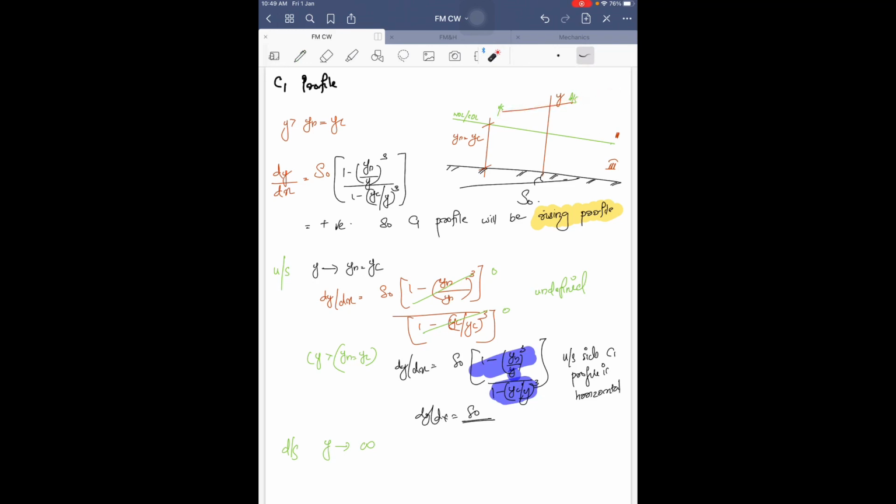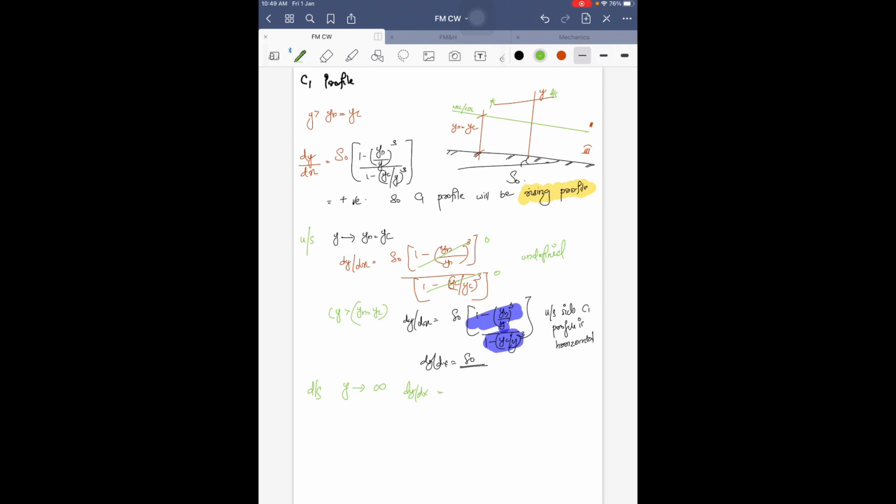So we can write dy by dx is equal to S0 into 1 minus yn by infinity the whole cube, divided by 1 minus yc by infinity the whole cube. We can cancel these two terms and we will be left with dy by dx equal to S0.